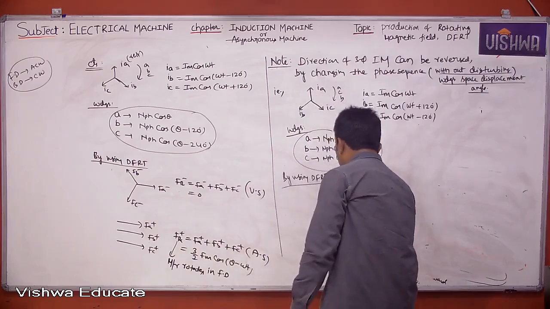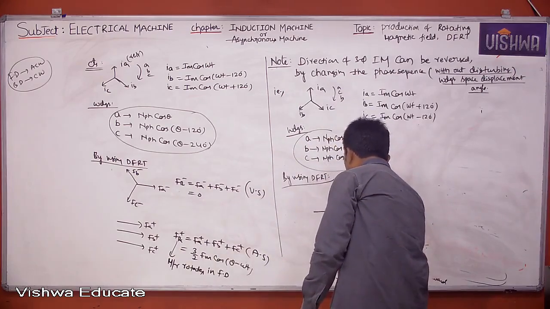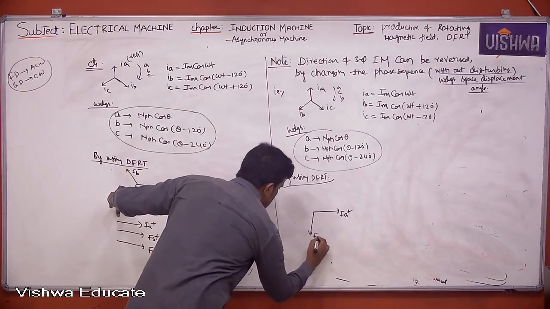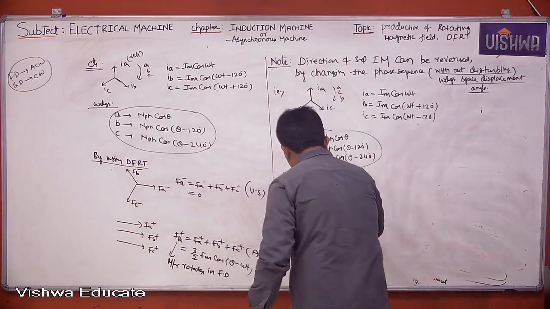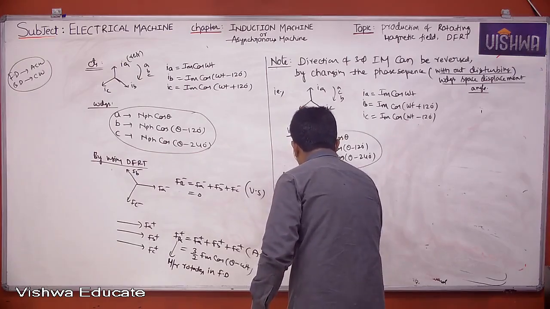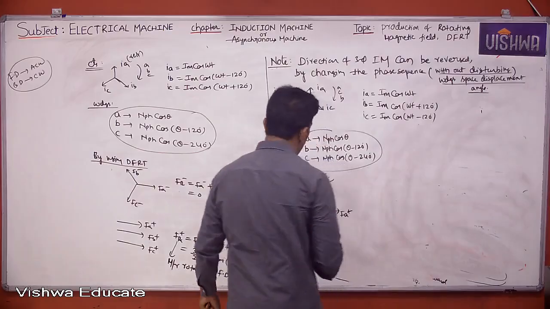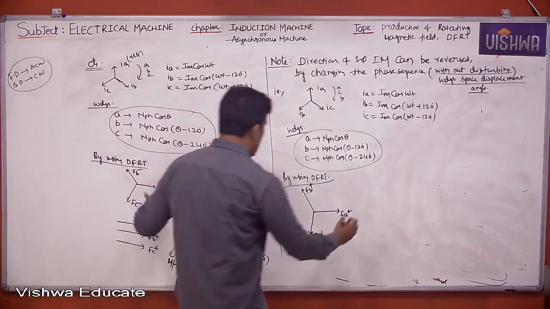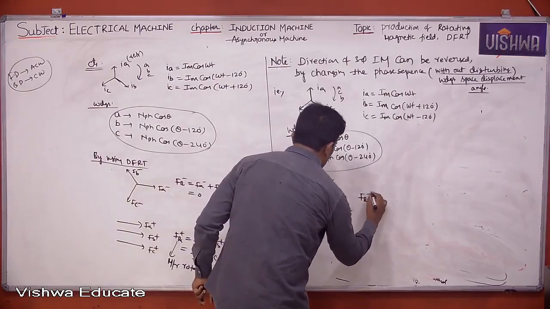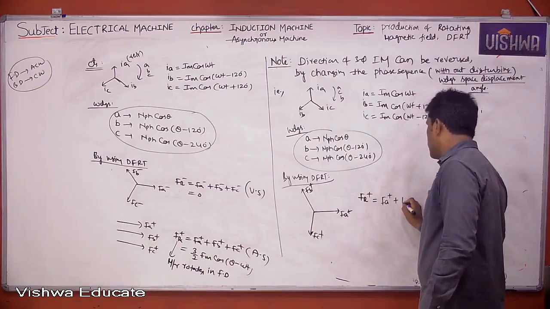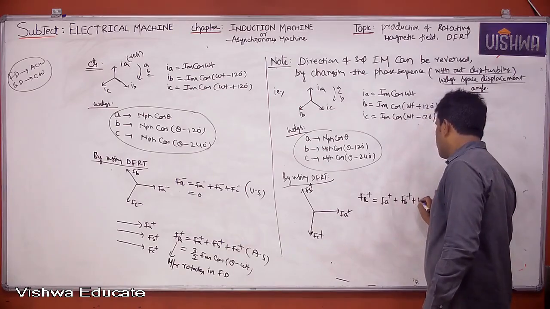Now Fa plus, Fc plus, and here Fb plus. Here Fr plus is equal to Fa plus plus Fb plus plus Fc plus.